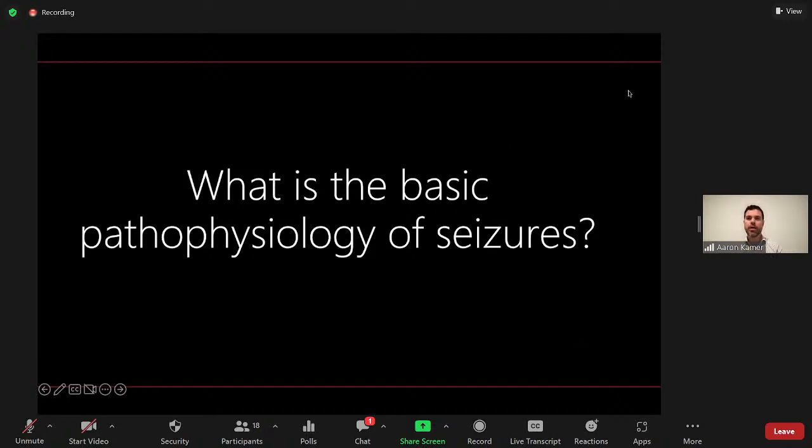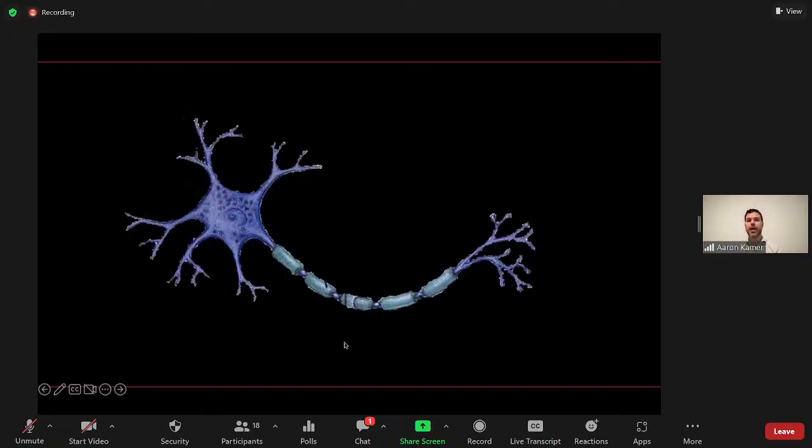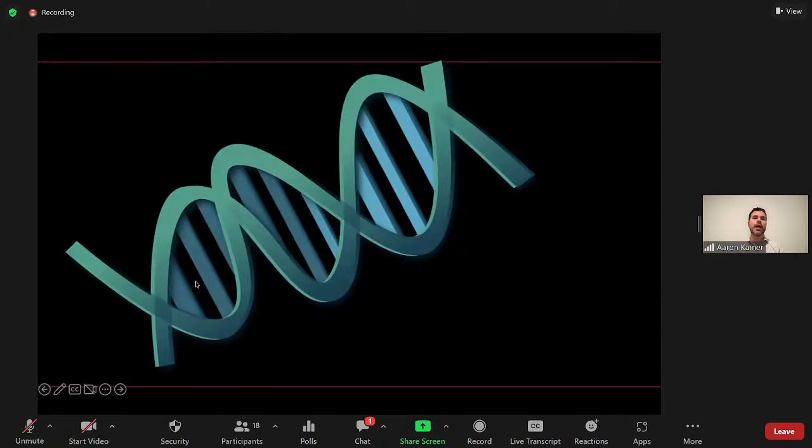Yep, many causes. Let me back up even a step from that and start talking about what's going on behind the scenes as a common denominator in all of our epilepsy patients. Seizures are coming from neurons, generally neurons that have some degree of malfunction and are misfiring. There are certainly genetic factors to this.